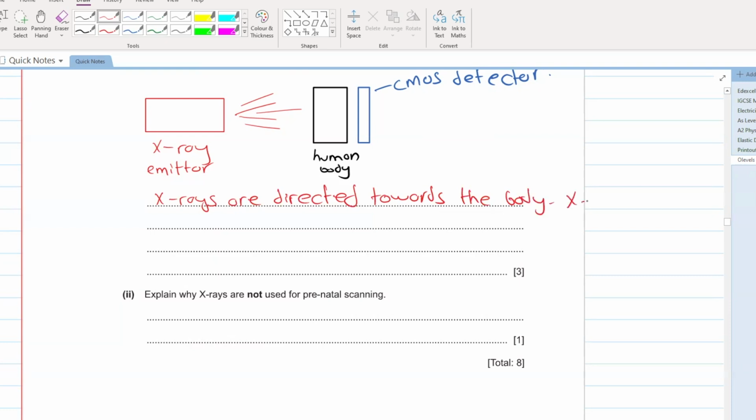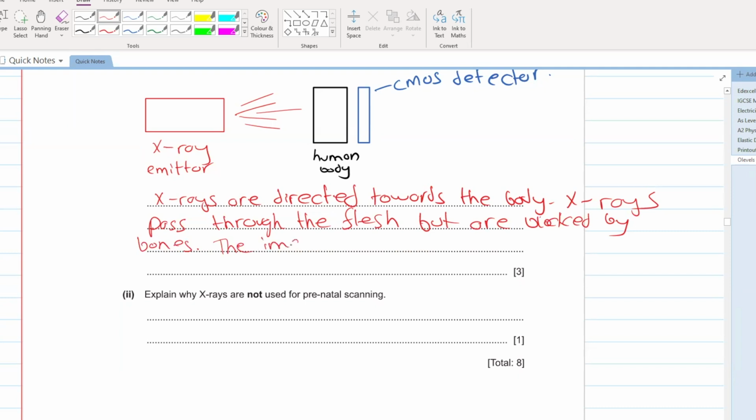X-rays pass through the flesh but are blocked by bones. The image is produced by the CMOS detector. Simple as that.